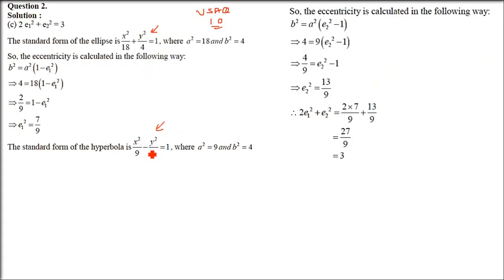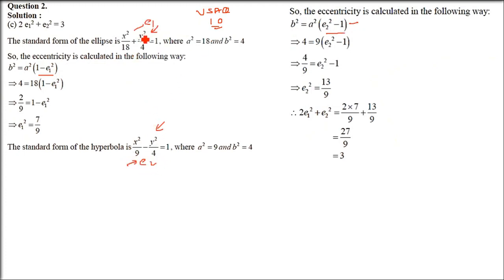Both are not hyperbolas. It's a combined question. So the eccentricity formula is different. For the ellipse, b square equals a square times 1 minus e1 square, so we'll take e1 as the eccentricity of the ellipse, and for the hyperbola we'll take it as e2.